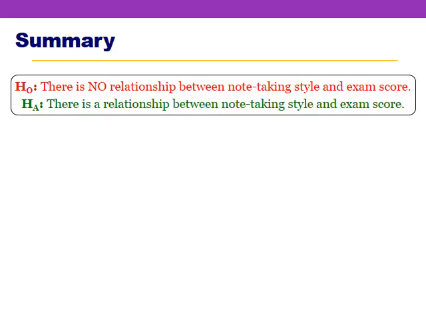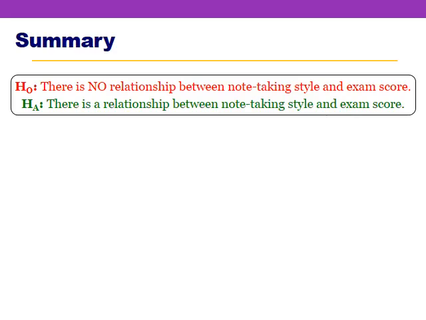Our null hypothesis always says that there is no difference or no relationship. So in this case, our null hypothesis might say there is no relationship between how you take notes and the score you get on an exam. A different way of phrasing that null hypothesis would be that there is no difference between the exam scores of students who take notes by hand versus the exam scores of students who take notes on a computer.